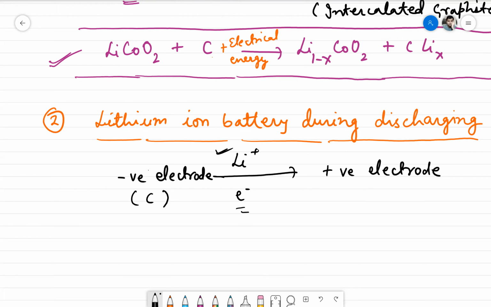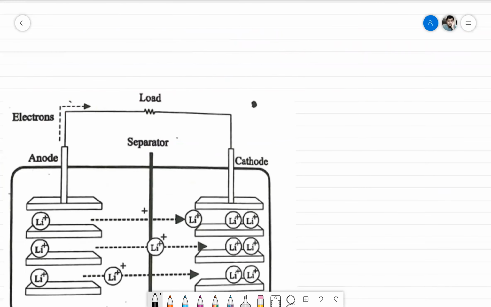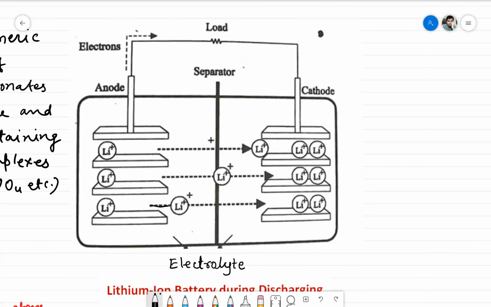You can see the picture diagram for the same during discharging: lithium ions flow back from the negative anode to the positive electrode.